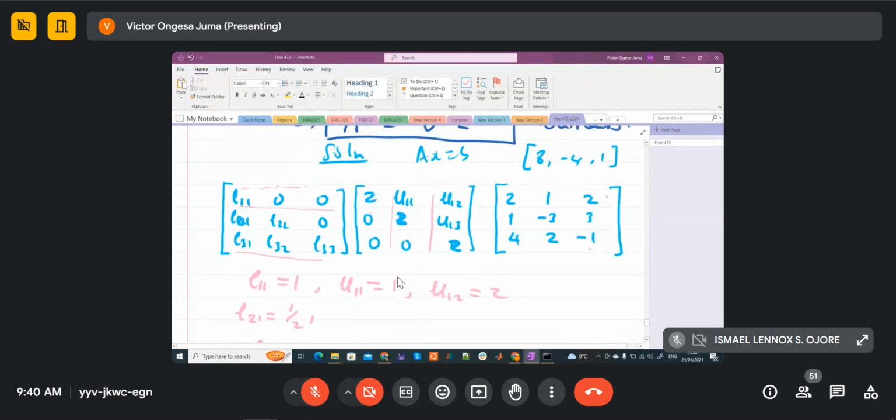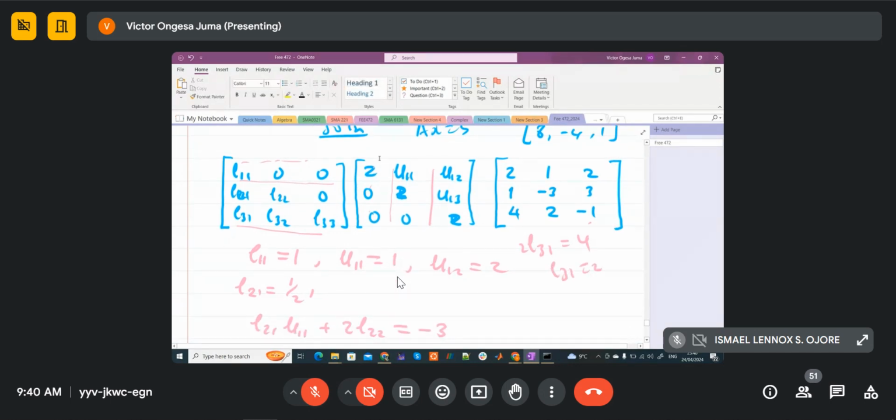So here I'll have L31 times 2 equals 4, meaning L31 is the same as 2. And then this with this, it means 2 multiplied by U11, multiplied by 1, and then plus 2 L32 is the same as 2.